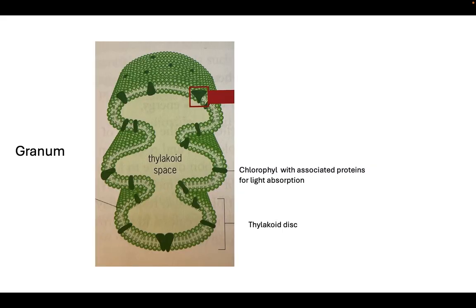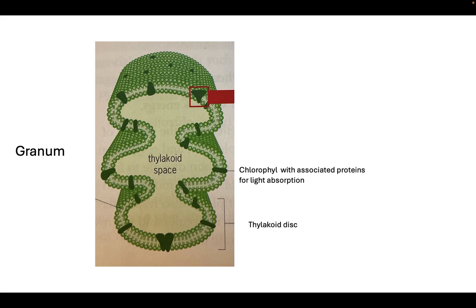If we now take a single granum and look at it in more detail, you will see that this granum, in this particular case, is composed of 3 thylakoid discs. In reality, there could be a lot more. This is just to represent the idea.